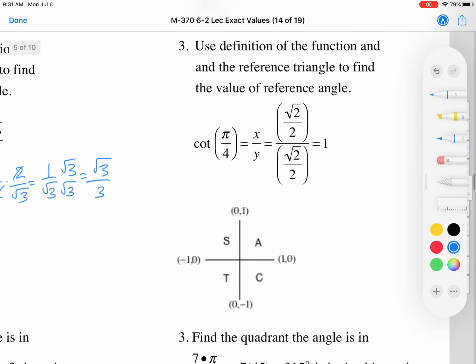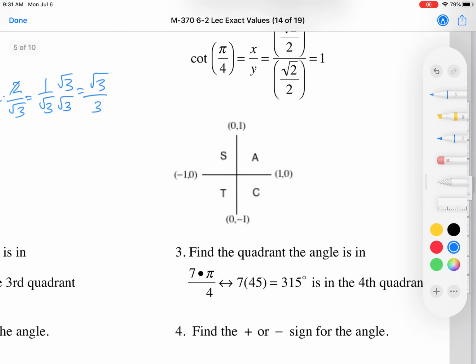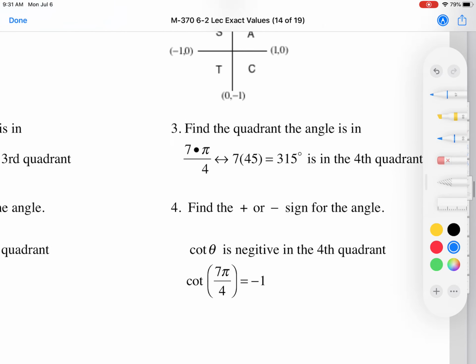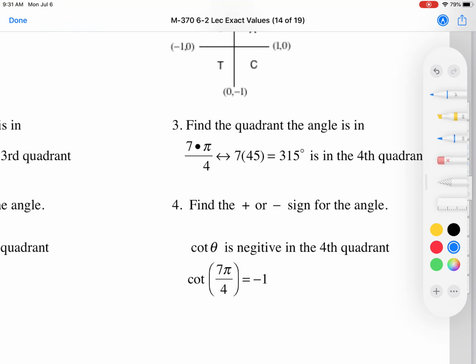Okay, so then we have to figure out what quadrant we are in. 7 pi over 4 is in the fourth quadrant. You can see that either through degrees or through the radians. And because we're in the fourth quadrant, the only thing positive is cosine, and its flip, secant. We are going to be negative if we're cotangent, and that's where he gets the -1.